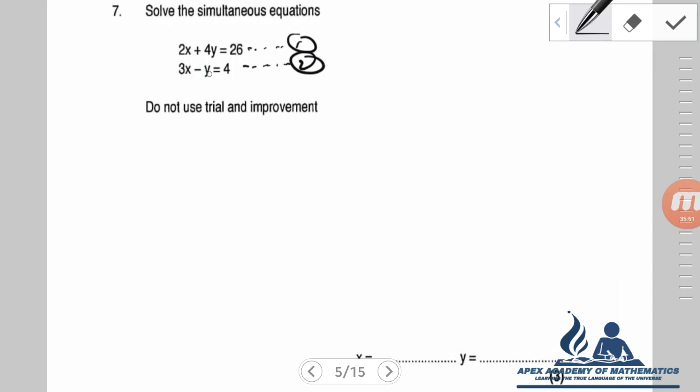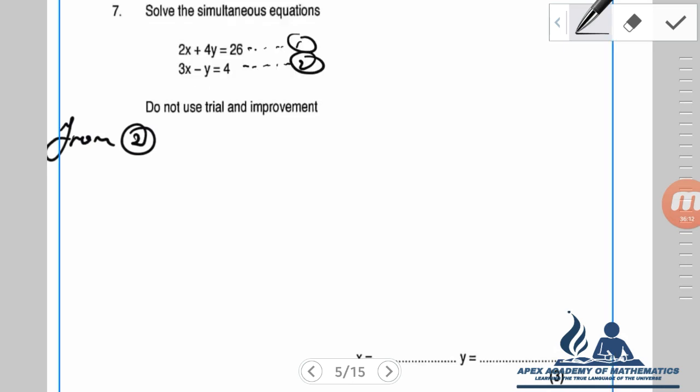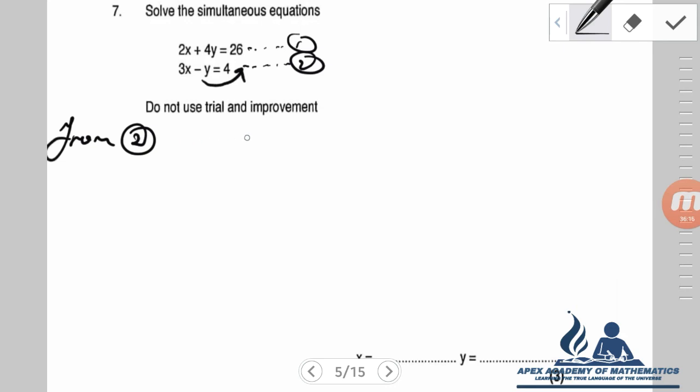So from equation 2, I'm going to add y to both sides. I'm going to bring this y over here, and I'm going to bring this 4 over here. So I'm going to get 3x, and I bring this 4 over, I get -4, and then I'm going to have a positive y.